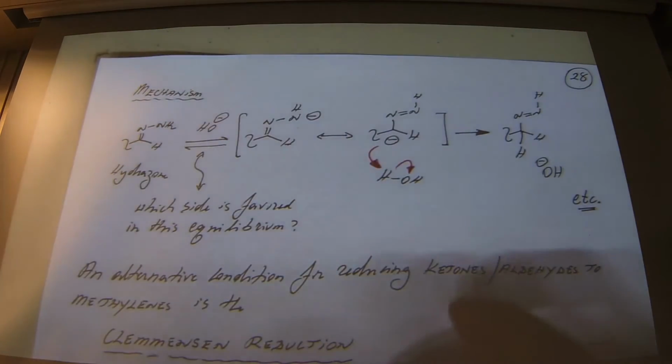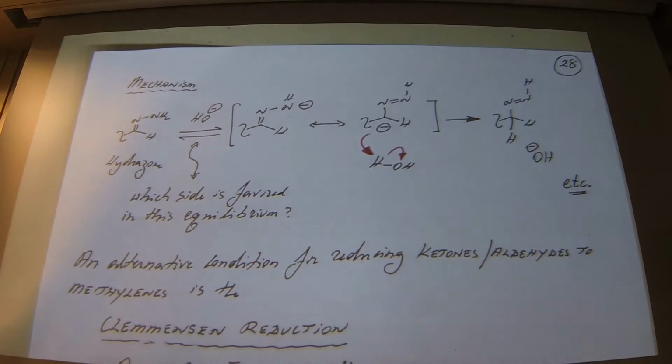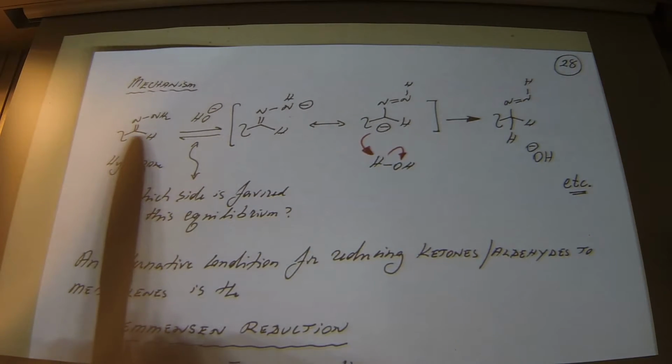The mechanism is a bit strange. I'm going to show the mechanism that's in the book. This may not be quite exactly right, but you form a hydrazone first, okay? A hydrazone can be formed with base. You don't need acid to form this hydrazone in strong base.